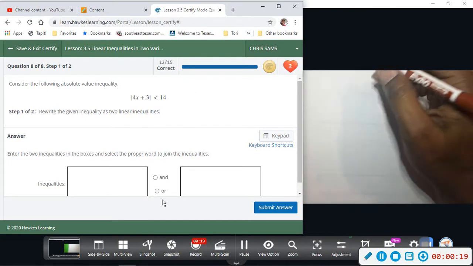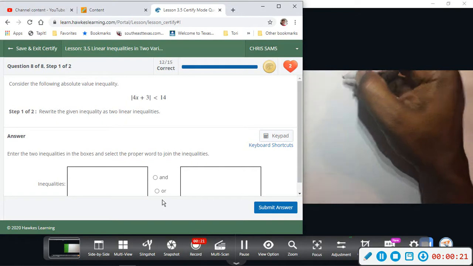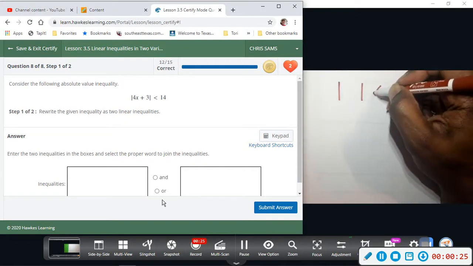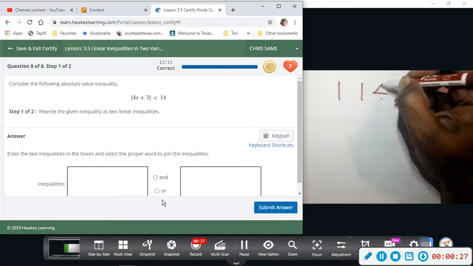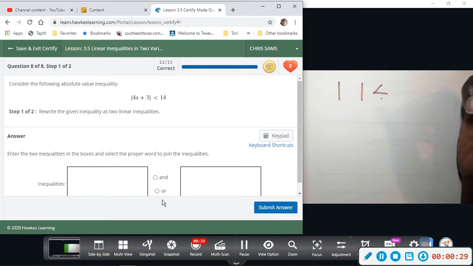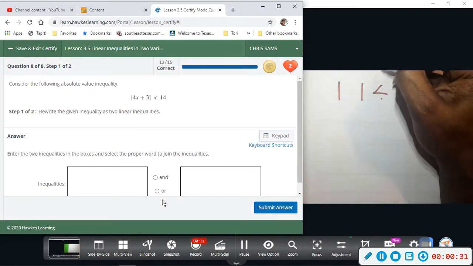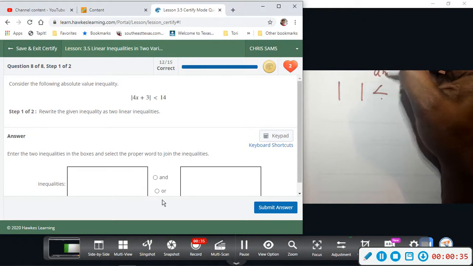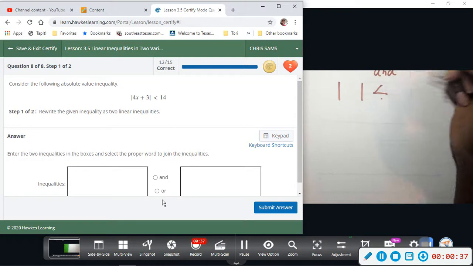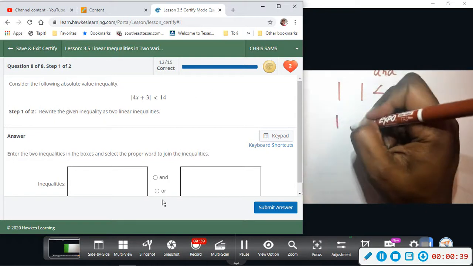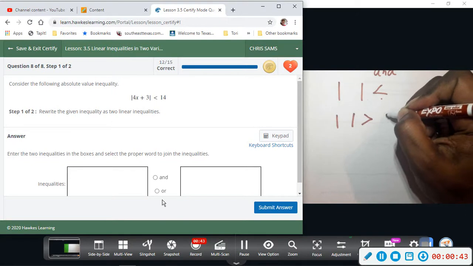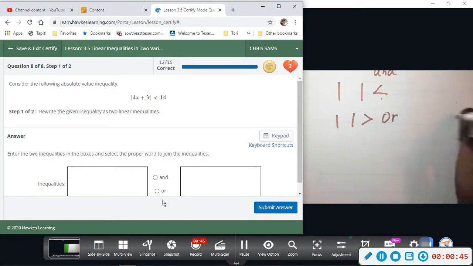If you have absolute value and you have the less than, this is going to equate to "and." If you have absolute values and you have the greater than, this is going to equate to "or." So that's how you will determine "and" or "or."